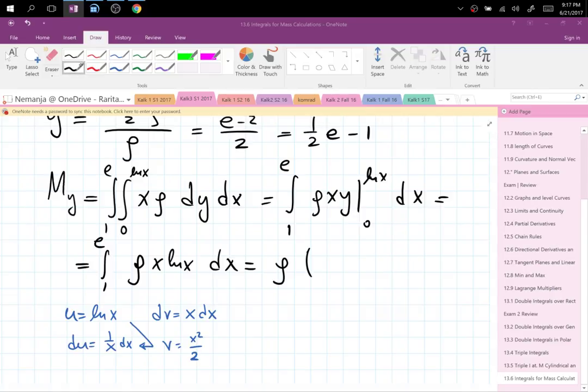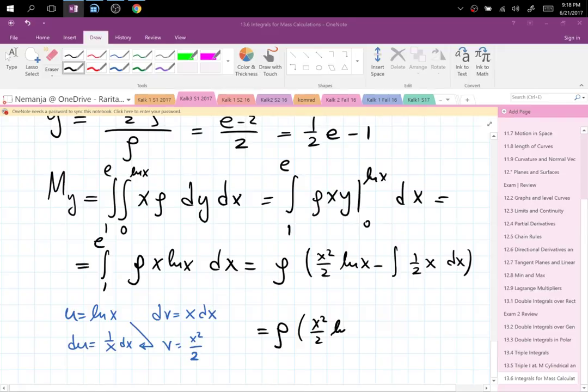So now what do I have? I have x squared over 2 ln x minus integral of x times 1/2 x dx. Awesome. So density rho goes outside. We already have x squared over 2 ln x minus 1/2, so 1/4, so x squared over 4, computed from 1 to e.